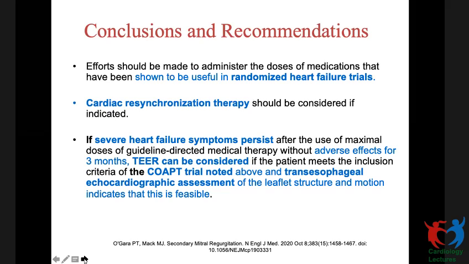And efforts should be made to administer the doses of medication that have been shown to be useful in randomized heart failure trials. Cardiac resynchronization therapy should be considered if indicated. If severe heart failure symptoms persist after the use of maximum dose of guideline-directed medical therapy without adverse effects for 3 months, edge-to-edge repair may be considered if the patient meets the inclusion criteria of the COAPT trial noted above, and the transesophageal echocardiography assessment of the leaflet structure and motion indicates that this is feasible in this patient.